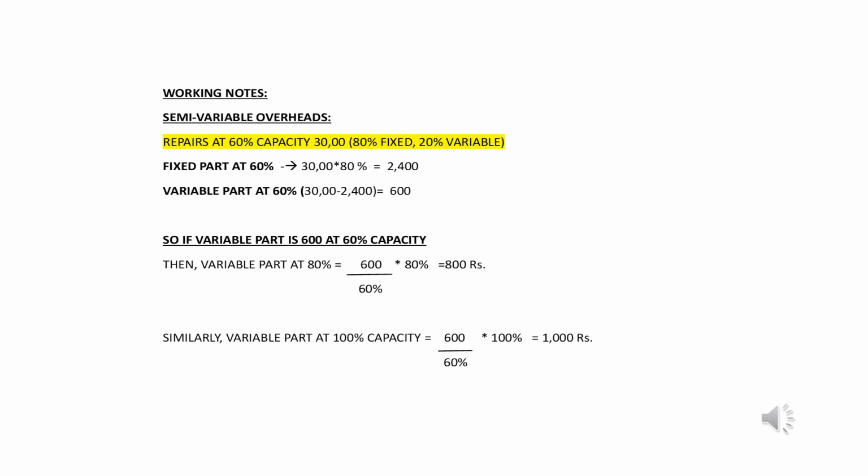So now if 600 rupees is variable part at 60% capacity, at 80% variable part will be 600 divided by 60% into 80%, that is 800 rupees. Similarly, at 100% capacity, variable part will be 600 divided by 60% multiplied by 100%, that is 1,000 rupees. Whereas fixed part will remain constant at 60%, 80% and 100% capacity, that is 2,400 rupees.